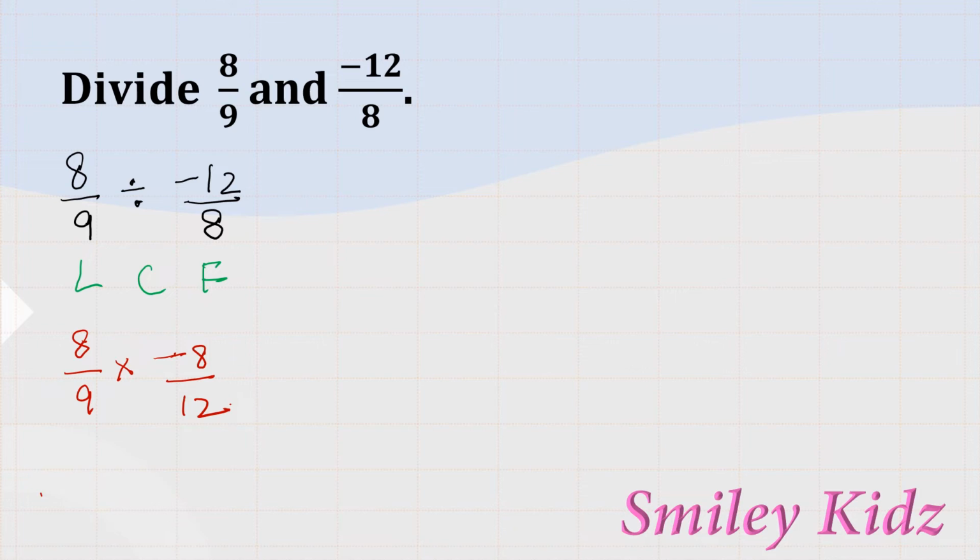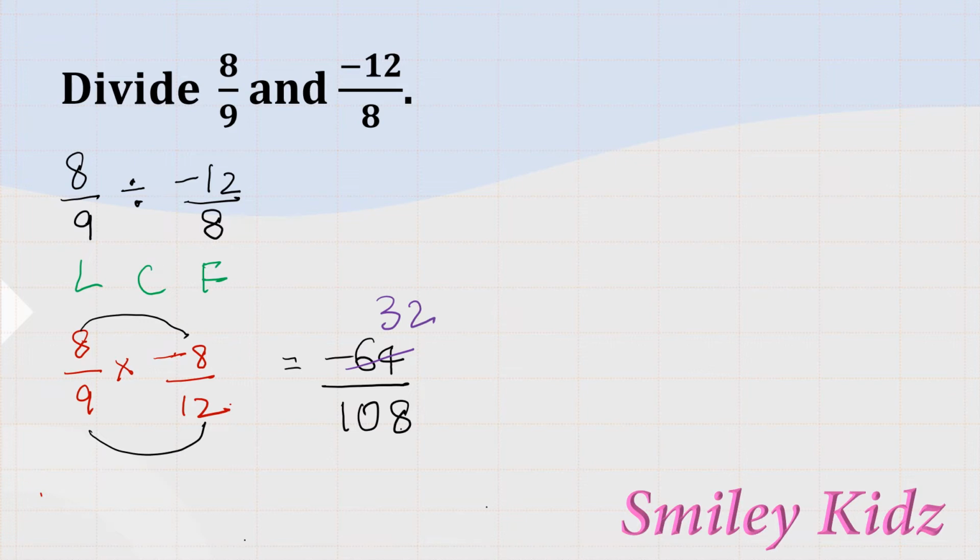Right? Now we will be multiplying. 8 multiplied by minus 8 will give us minus 64, 9 times 12 will be 108. And this is not the final answer. We can simplify it further.